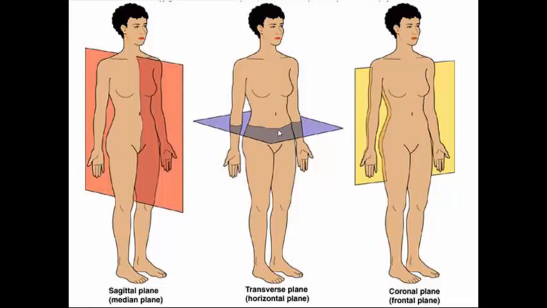Transverse or horizontal, about where the belt would be, top and bottom. And then coronal or frontal plane, dividing the body here. So this part would fall forward, and then the part back here would fall backwards. So you need to be able to recognize what plane is being shown in a picture, because it will most likely come up on the test.